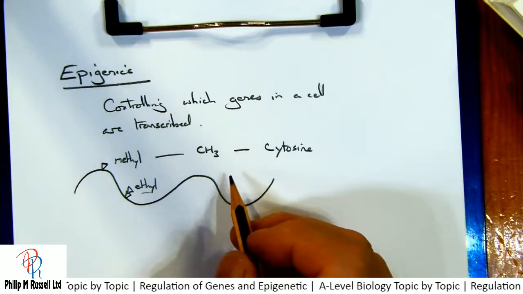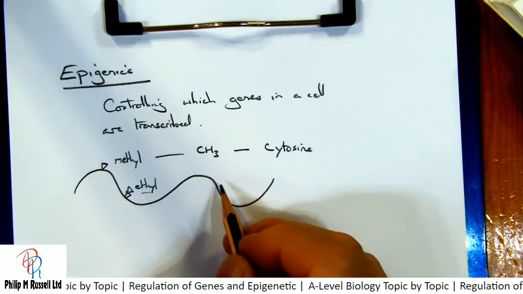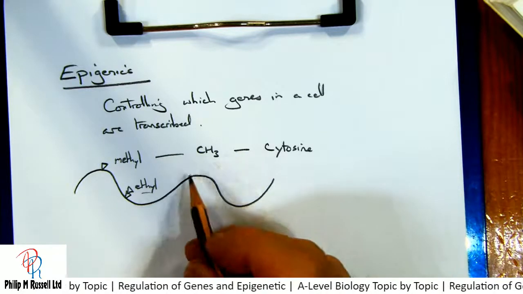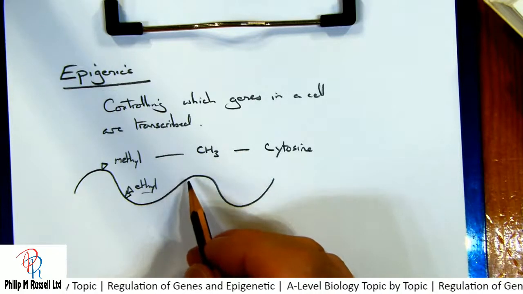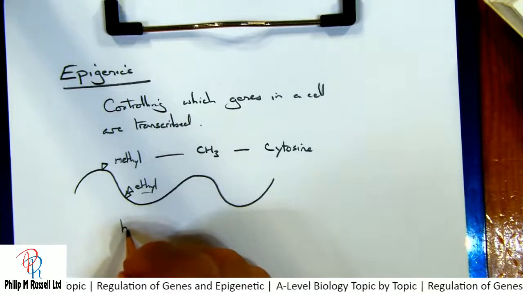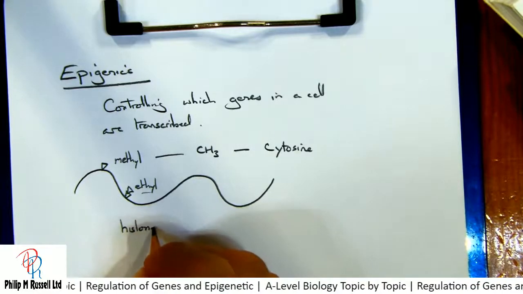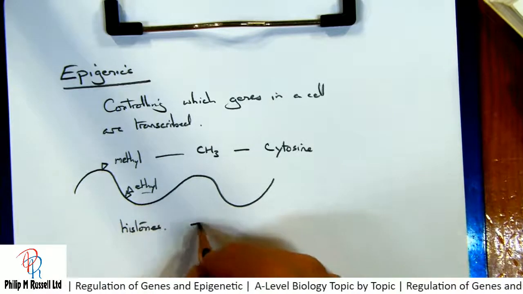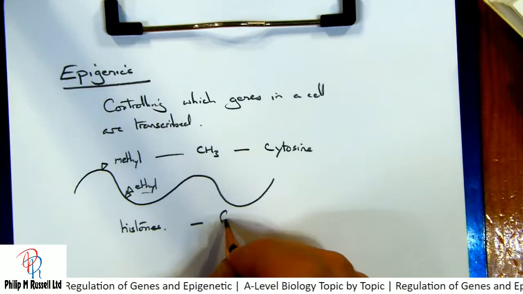The modification also means that proteins can join on, and the proteins are called histones, and these are found only in eukaryotic cells.